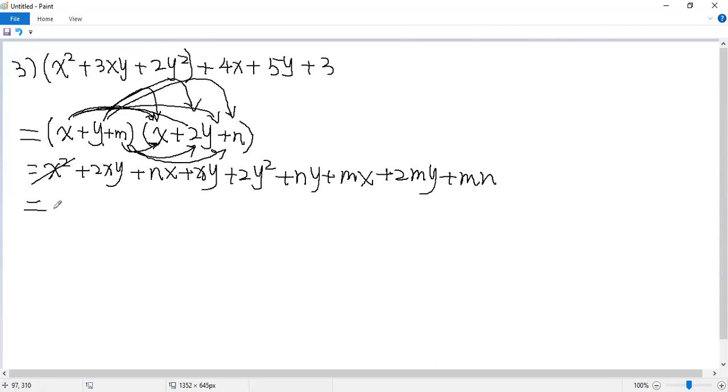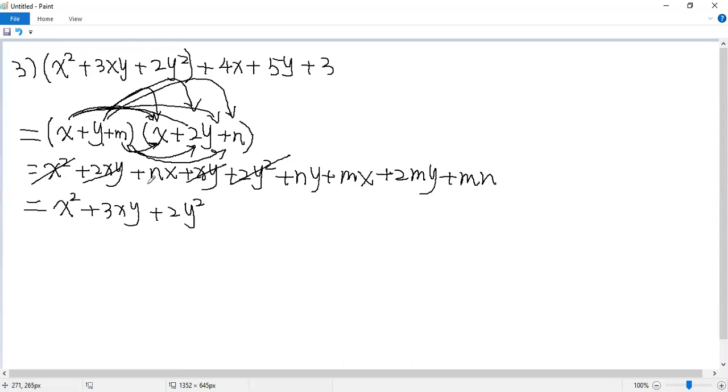So x squared, 2xy plus xy, 3xy, 2y squared. So we recover the quadratic part, x squared plus 3xy plus 2y squared.